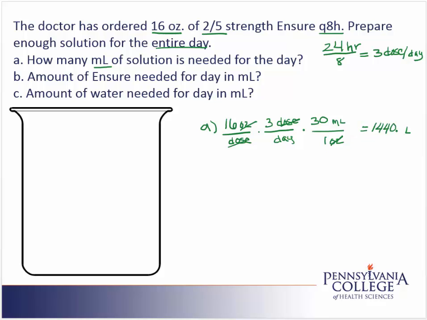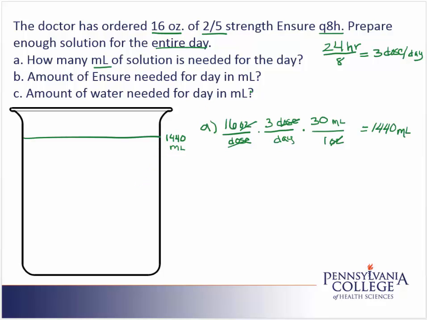The milliliters that we've just calculated is the total amount. So in my container, I want to put a total of 1,440 milliliters. That is a mixture of both the Ensure, the nutrition, and the water.